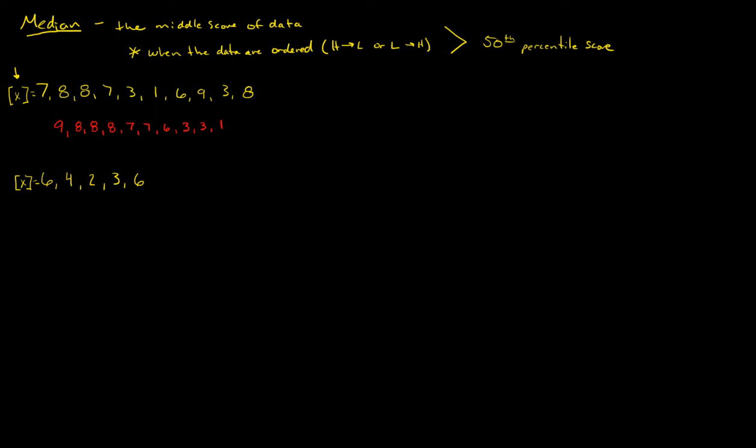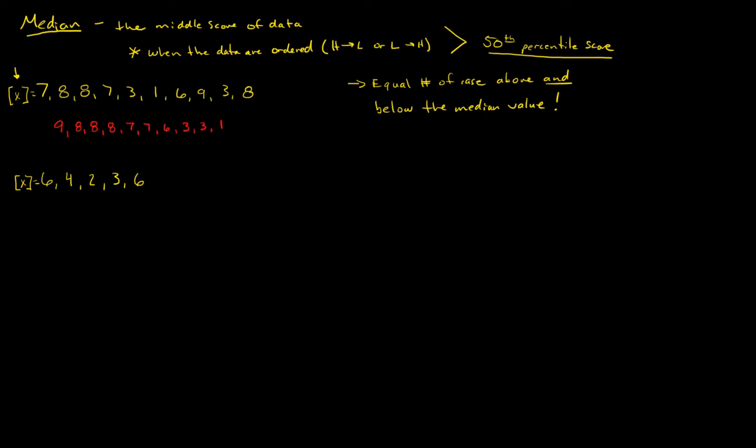If that's the case, then there'll be an equal number, that's a number sign, number of cases above and, underline that, below the median value. That's what 50th percentile score means, that there'll be an equal number of cases above and below.